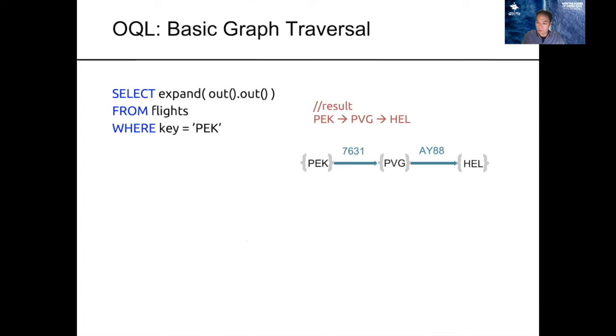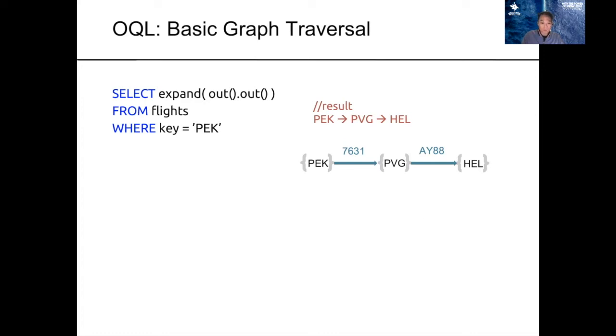By combining some of the graph functions, we can do more with the graph traversal. Here is an example of combining two out functions. Therefore, we can traverse two steps out.